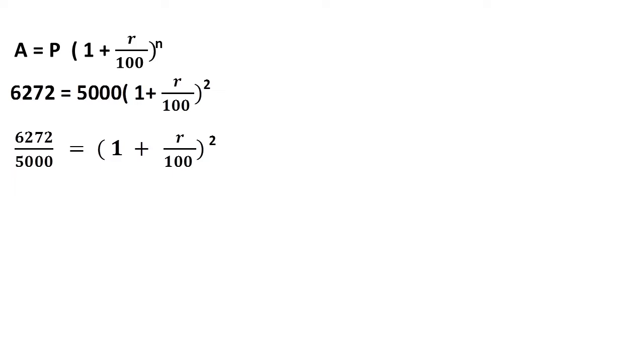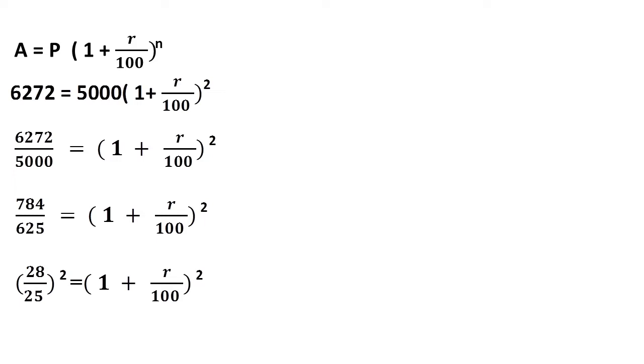As we simplified the previous problem, here also, by considering the power on the right hand side, the left hand side value has to be calculated. So, simplify in such a way that it results as 784 by 625. It can be expressed as 28 by 25 whole square.